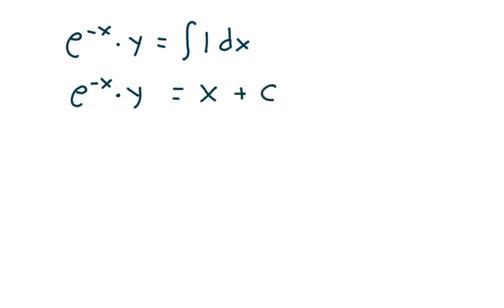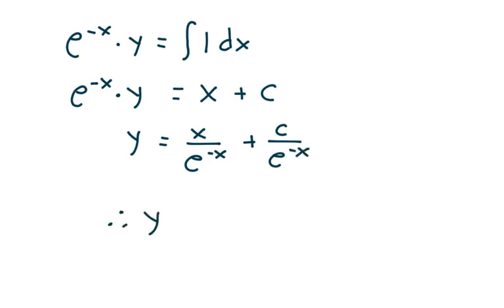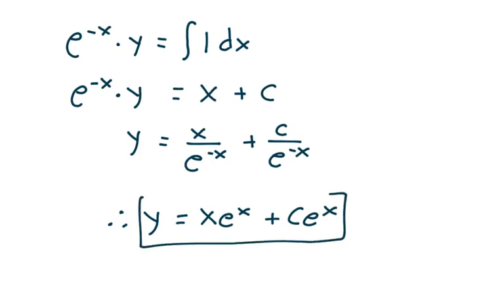If I solve for y, I have to divide both sides by e^(-x). And so we get y = x over e^(-x) + c over e^(-x). And so therefore, y is x e^x + c e^x. And that's example 1.